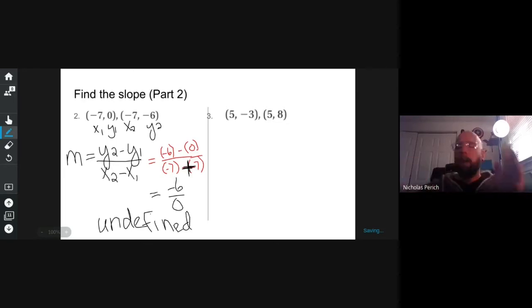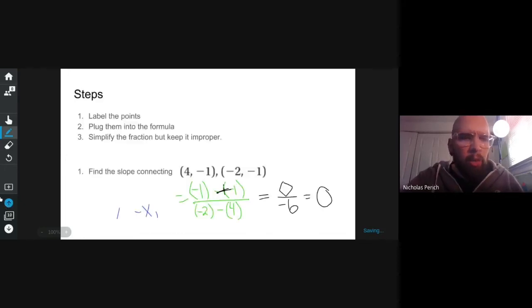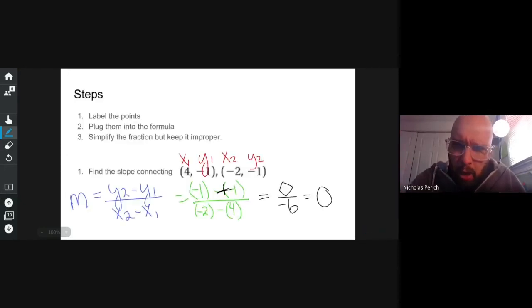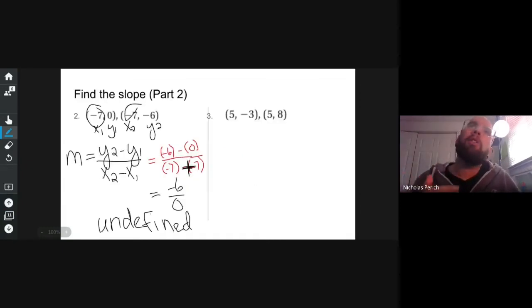So wait a minute. Why was it undefined? Because my x values were exactly the same. So when your x values are exactly the same, that's when it's undefined. Back here, my y values were exactly the same, and that's when it's 0. So if my x values are exactly the same, it's undefined.